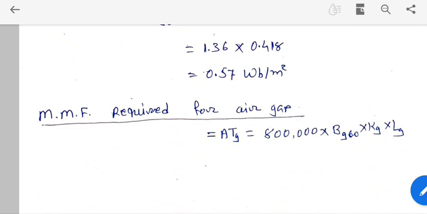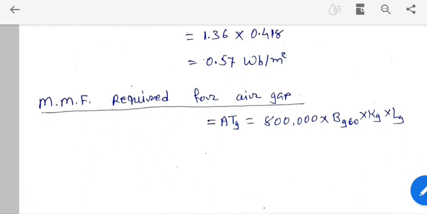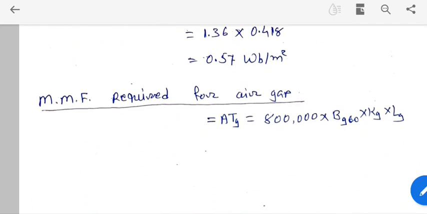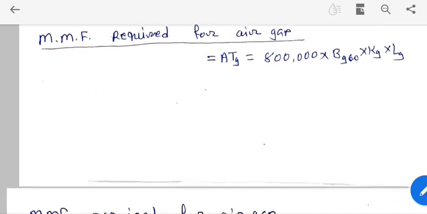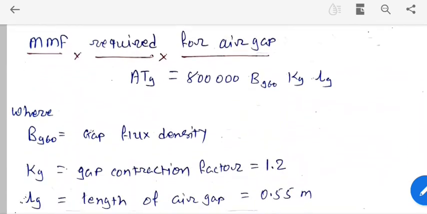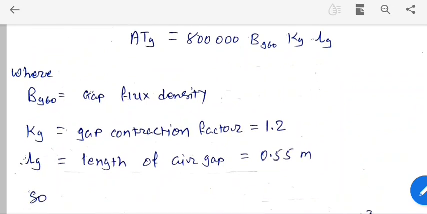Then we found the MMF required for air gap, that is ATG equal to 800,000 into BG60 into kg into LG. BG, kg and LG stand for gap flux density, gap contraction factor, and length of air gap; all the values are given in the example. That is kg, 1.2, and LG, 0.55.